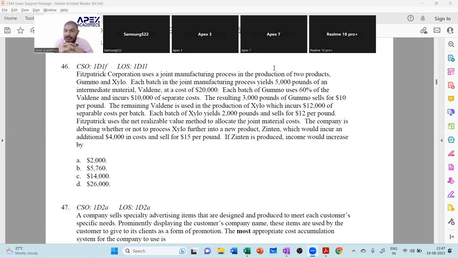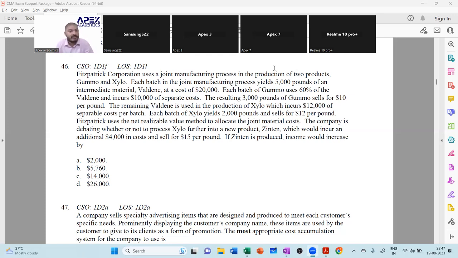The resulting 3,000 pounds of Gummo sells for $10 per pound, and the remaining Valdene is used for the production of Xylo, which incurs $12,000 of separable cost per batch. Each batch of Xylo yields 2,000 pounds, and it sells for $12 per pound. Fitzpatrick uses the net realizable value method to allocate the joint material costs.